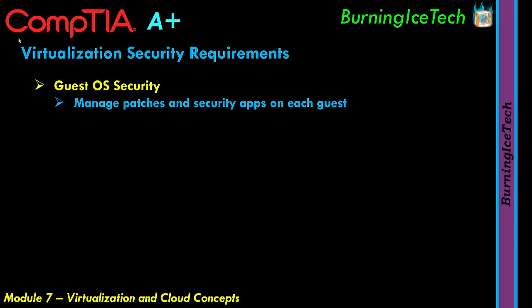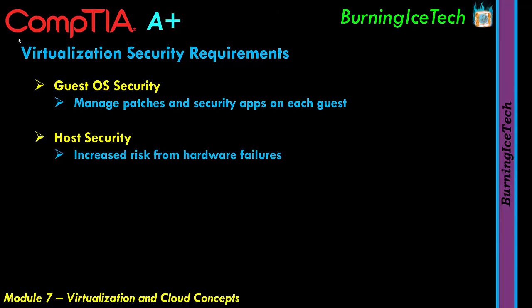Now, what about the host security? Remember, host is the actual physical device on which all of this is running. There's a bit of a downside here. Increased risk from hardware failures. What is meant by that, you might ask? Well, remember, you might be running multiple machines on your host now.